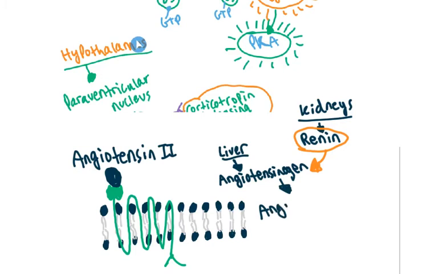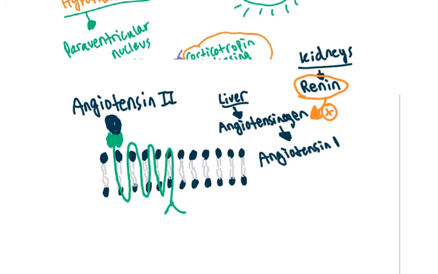So now we have a molecule called angiotensin 1. Now our lungs will come into play, and our lungs will secrete an enzyme called angiotensin converting enzyme. Angiotensin converting enzyme will then convert angiotensin 1 into angiotensin 2.